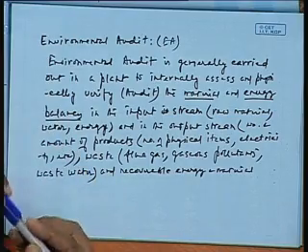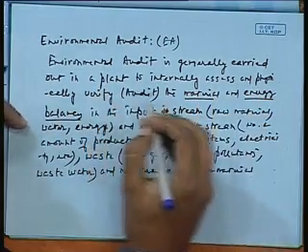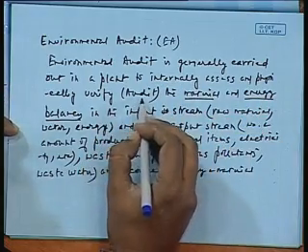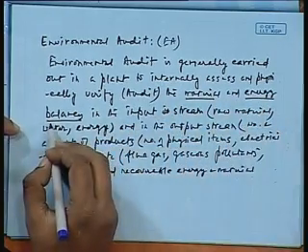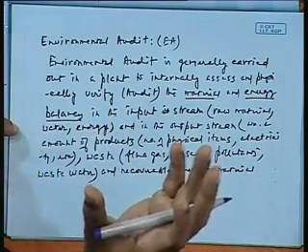So, if you see this sentence again, environmental audit is generally carried out in a plant to internally assess and physically verify, that is auditing, the material and energy balances, that is, input and output remaining the same. Thermodynamically they should be the same, isn't it? So what is input should also be output. It's a conservation of mass and energy.